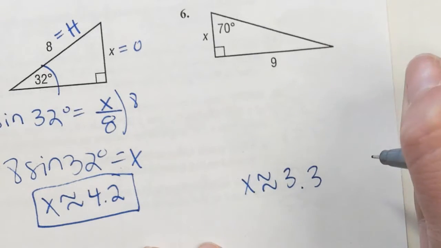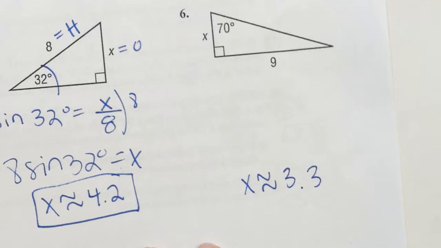Everybody agree? 3.3? Do I need to go over it, or is everybody good?